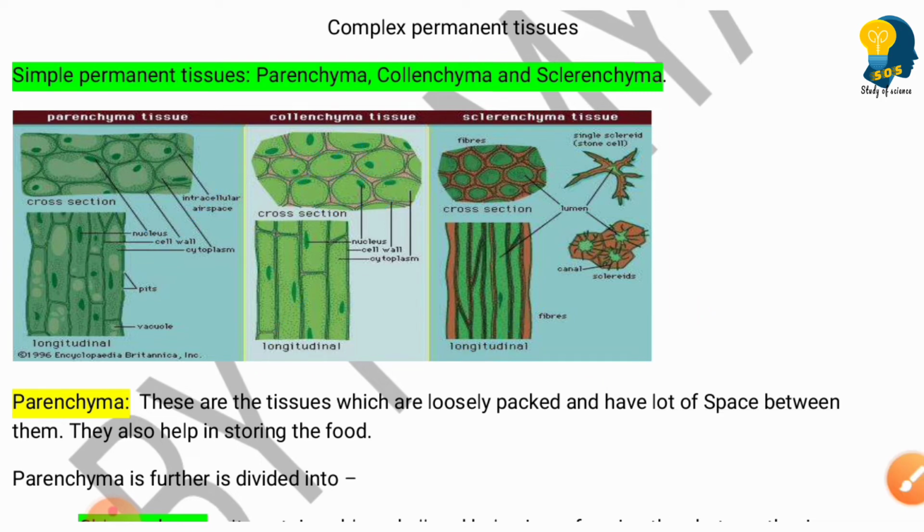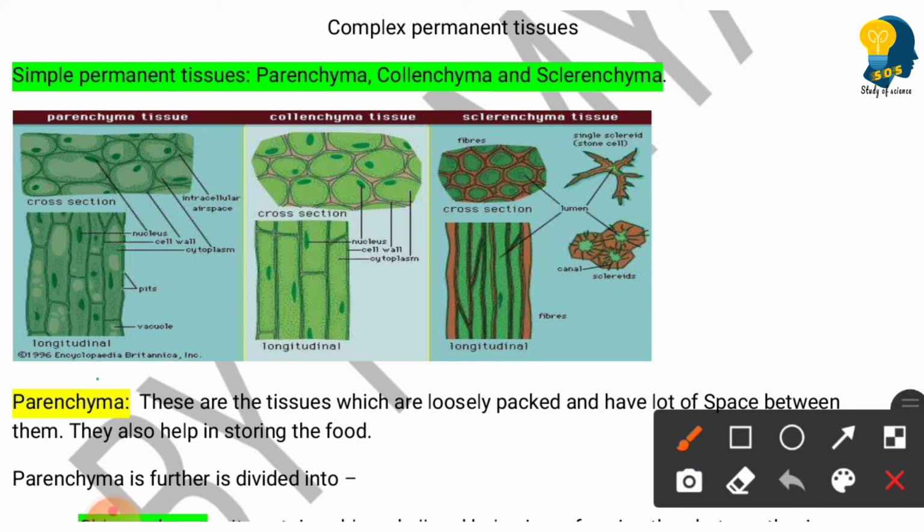You are understanding the second type of tissues, that is the permanent tissues. The permanent tissues are further classified into simple permanent and complex permanent. Under simple permanent, you are learning about Parenchyma, Collenchyma and Sclerenchyma. These pictures represent them.